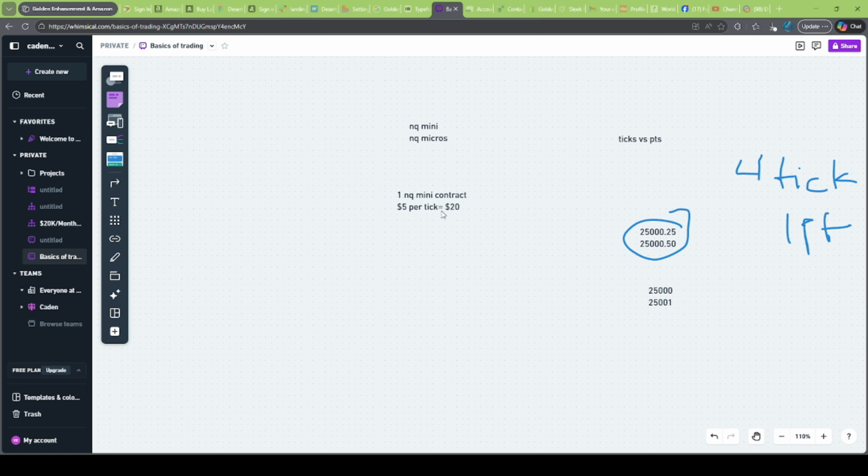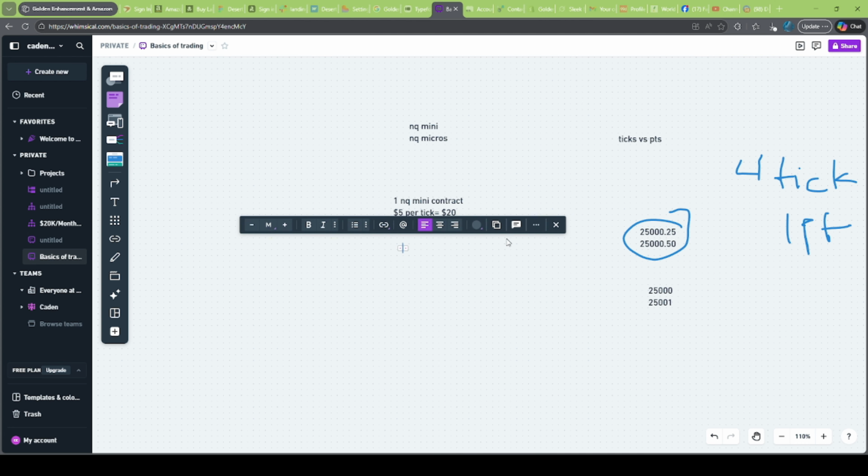So let's do some easy, quick maths here. If the price of the NASDAQ was 25,000 when I sold it, and I ended up exiting my position at 24,950, 50 times 20, that is $1,000.